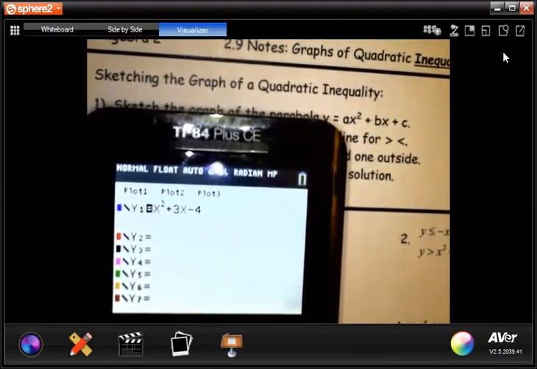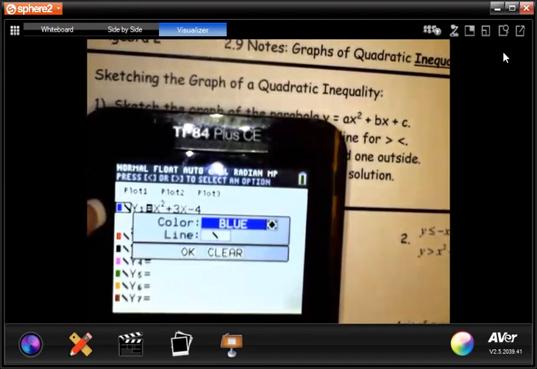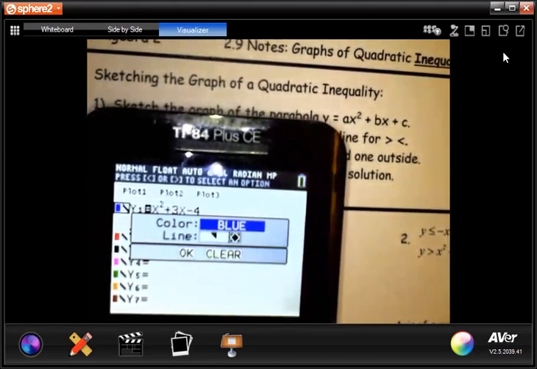Where we have our equation in the y equals, I'm going to move this to the other side of the y equals. I hit enter. If you've got one of the older calculators, every time you hit enter, that is going to change. If you've got this newer one here, it's going to give you the little menu right here. And so instead of a line, we are looking for those little triangles. So there's that y is greater than, and there is the less than. So triangle on top is the greater than, triangle on the bottom is the less than.